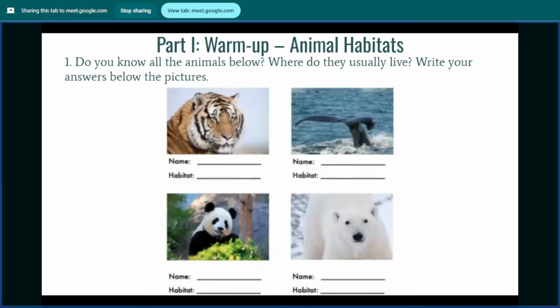So the first thing that we have over here is the animals which are given on the screen. Try to note them down, and along with that, if you know their habitat, where they usually live, try to note that down as well.